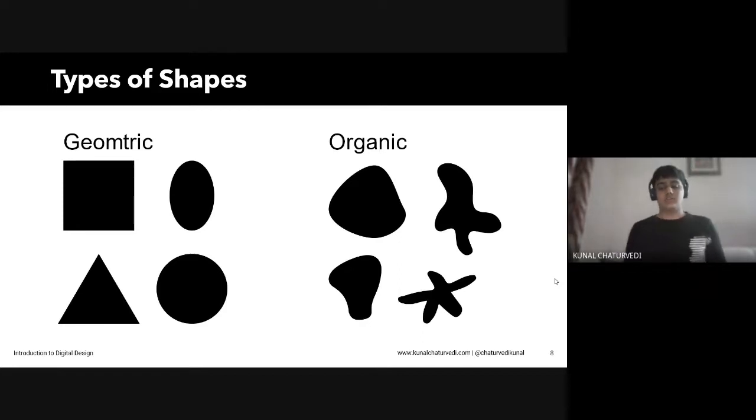The others are also shapes you would see occurring naturally, like the fifth one looks like a star, and the last one looks like a starfish or something. The point is that they are very random, they occur naturally and are not geometric. So that's all there is for the types of shapes involved.